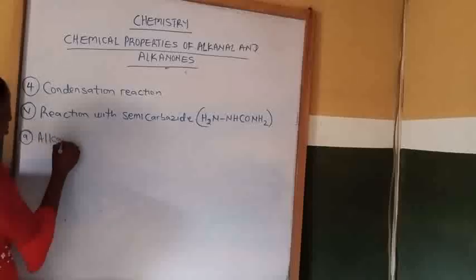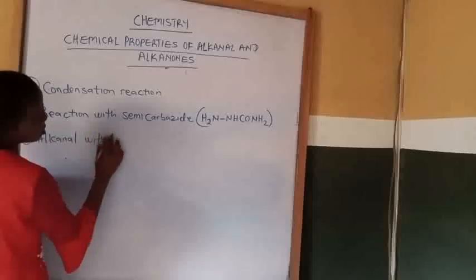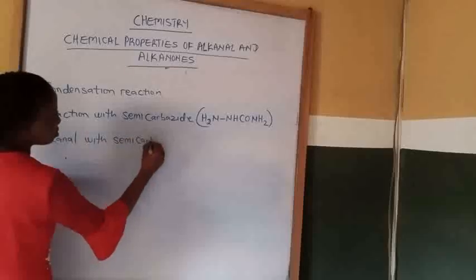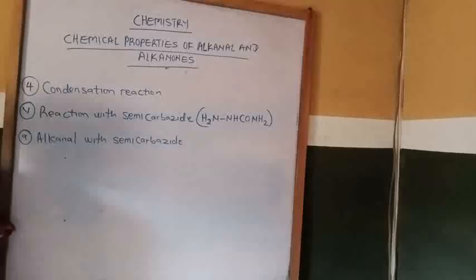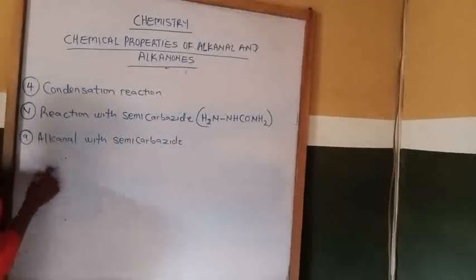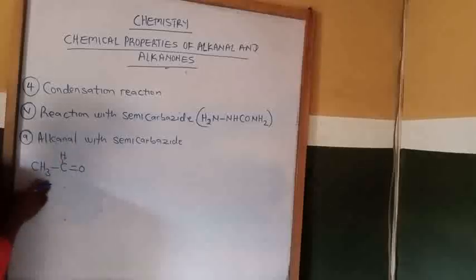Alkanal with semicarbazide. So let's take a known alkanal. I'm going to use ethanal, which is CH3, C double bond O H. So this is ethanal.